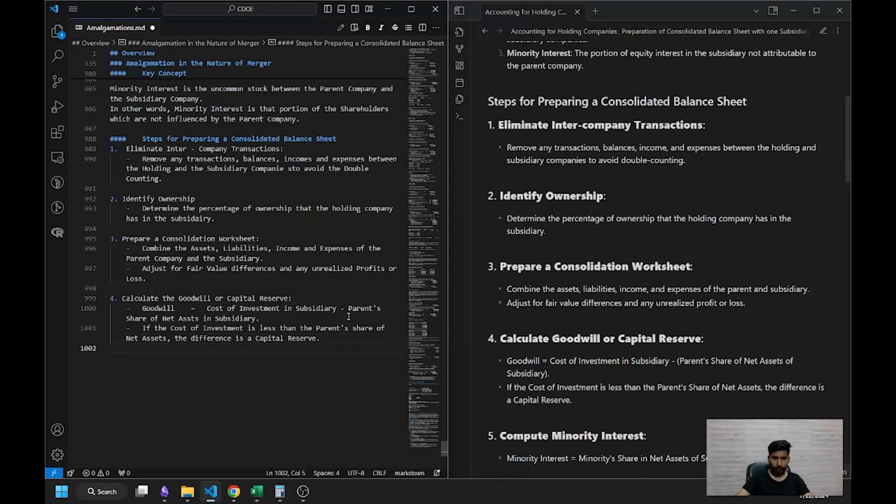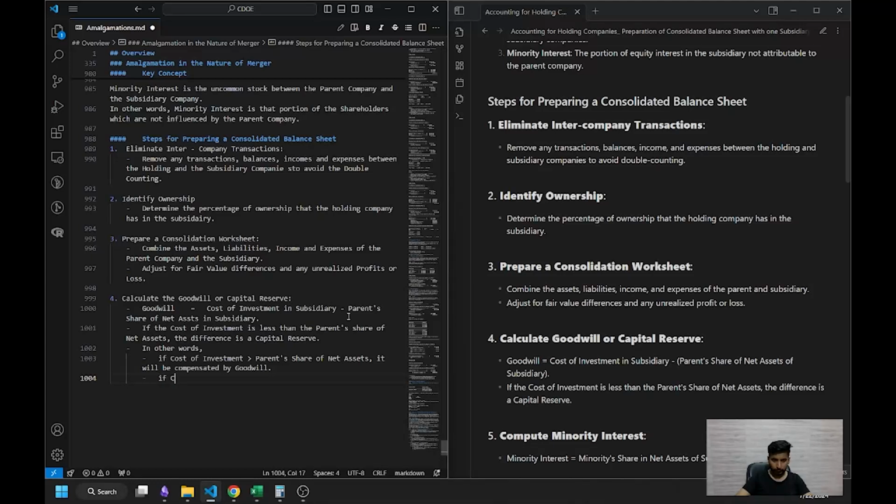So, to consolidate this point: if the cost of investment is greater than the parent's share of net assets, the excess is goodwill.